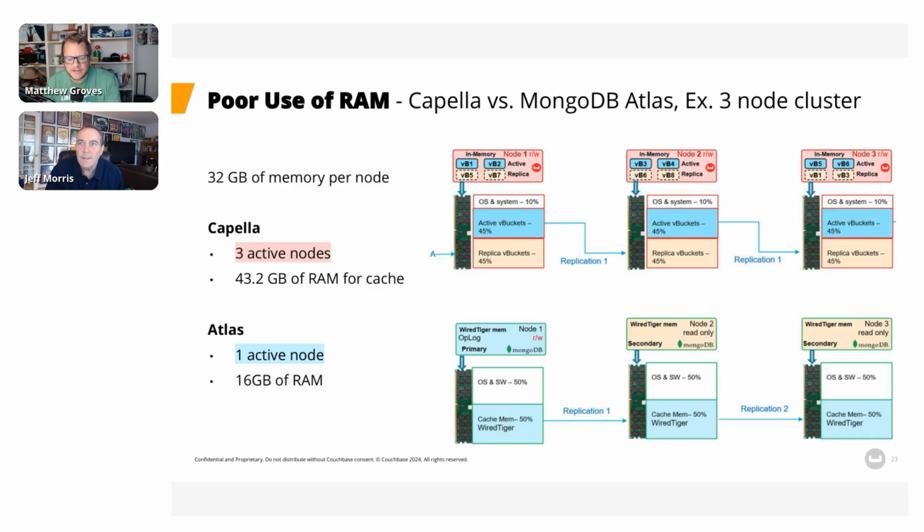Yeah, this is kind of a complex slide. So, if you're out there looking at this and having a hard time with it, that's okay. It took me a while too. But what this is trying to show is that for Couchbase, we've got 3 nodes, and for Mongo, we've got the same 3 nodes in terms of hardware. But the way the architecture works is that if you want to have high availability, if you want to have replicas to guard against those nodes going down, the way Mongo works is you have 2 secondary nodes that do not handle writes.